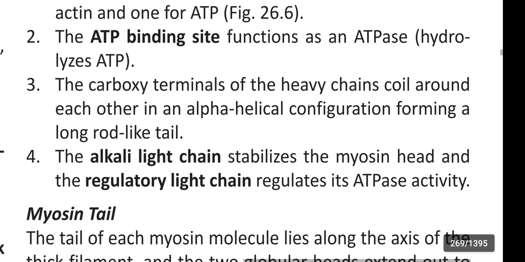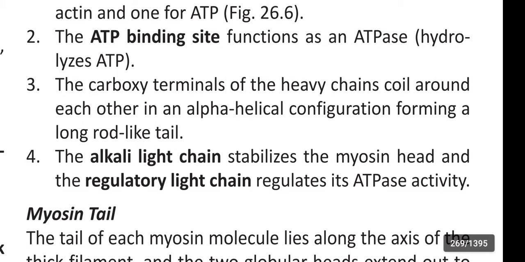Okay. Next, the carboxy terminals of the heavy chain coil around each other in an alpha helical configuration, forming a long rod-like tail.